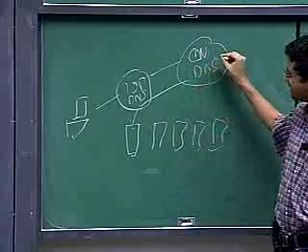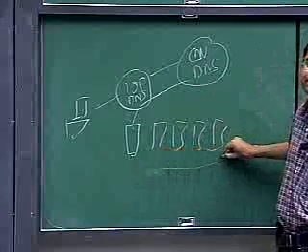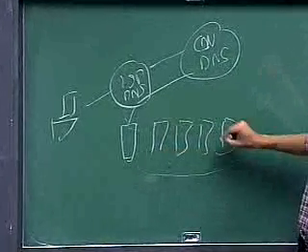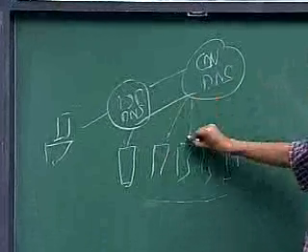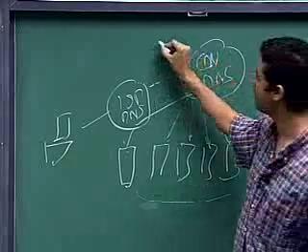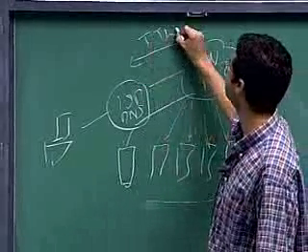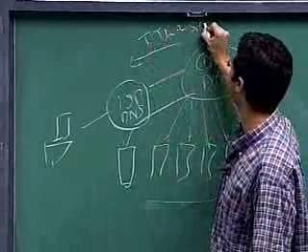What the CDN companies also do is they're constantly monitoring the load on these CDN servers, and they send you to the best one currently available. And for that, the reply that is sent has a TTL of the order of seconds.